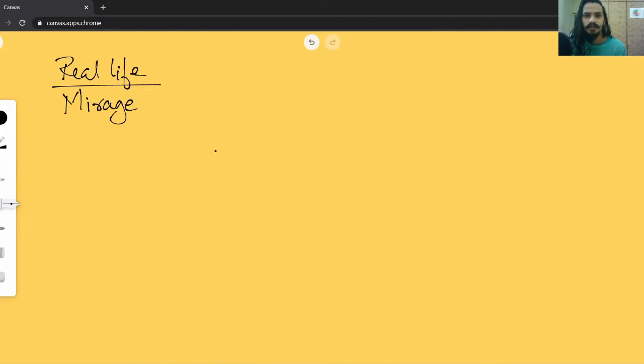Let's try to figure out how this mirage exactly happens. Assume that this is a road, and say you're standing over here as an observer. And say that maybe there is a house or some object over here. Let's just call it a house.